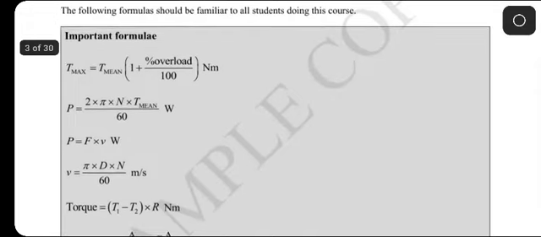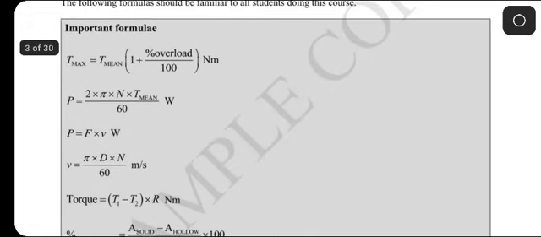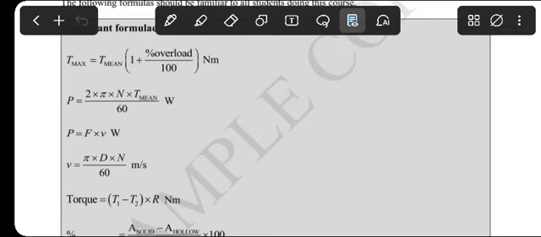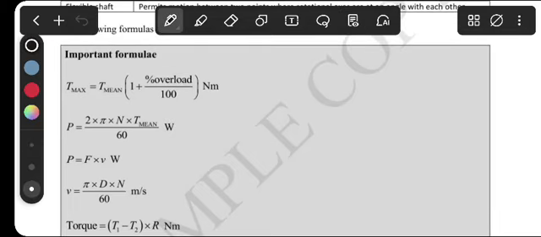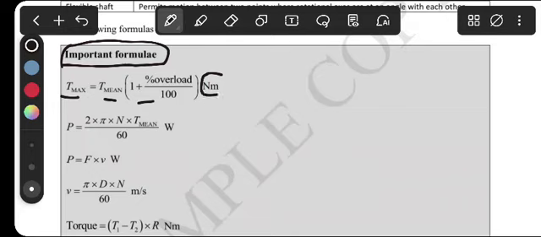For a quick revision, here are some formulas that we're supposed to be familiar with, the important formulae. Maximum torque is equal to T mean times (1 plus overload over 100). This is measured in Newton meters.